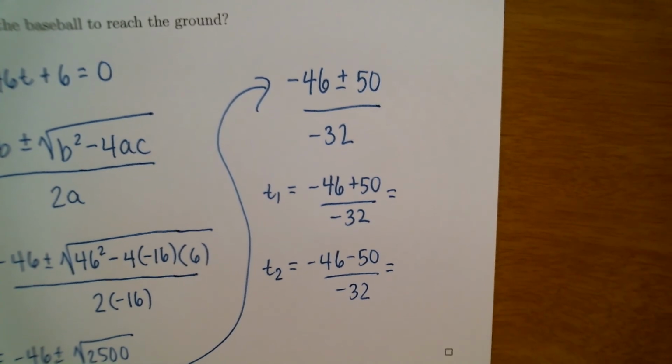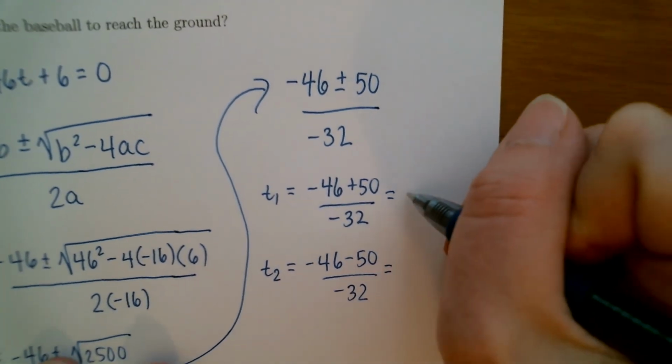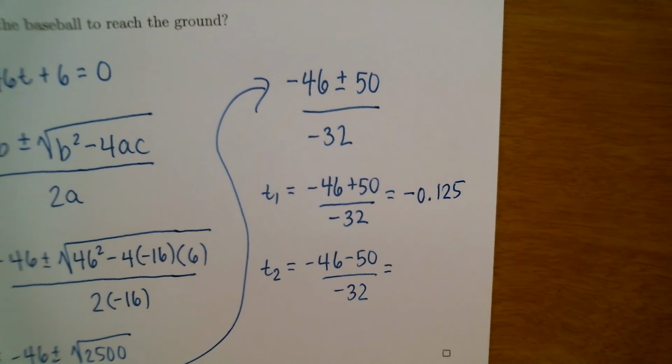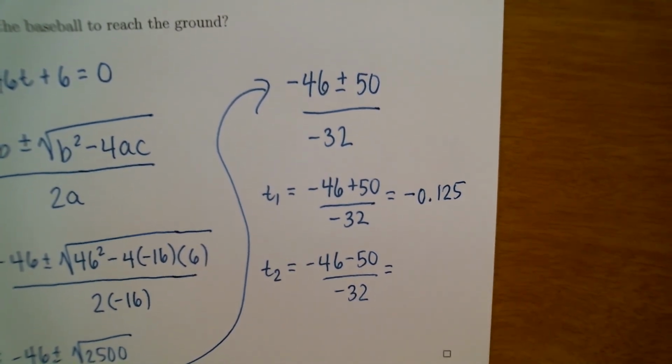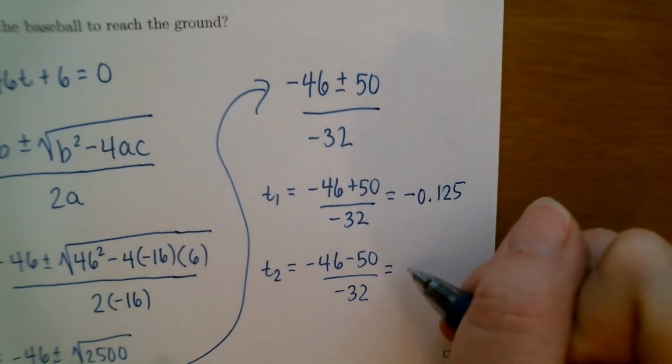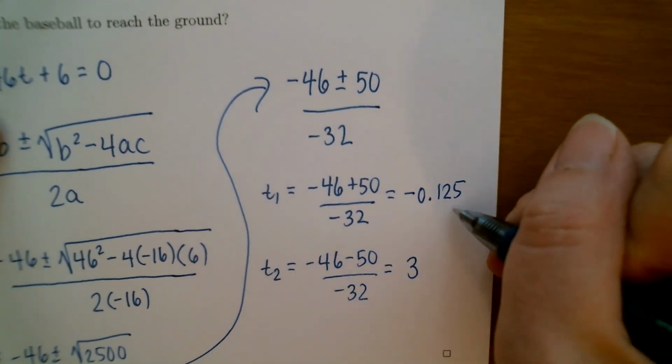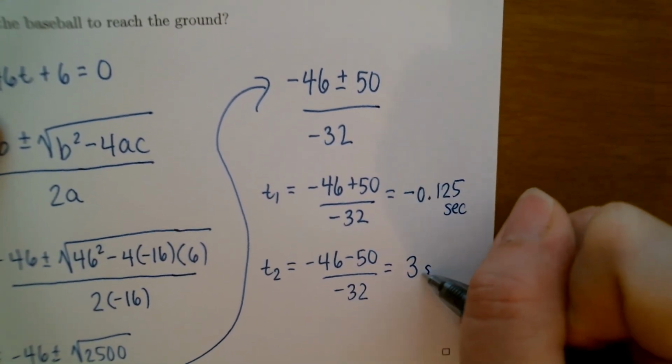The first one, negative 46 plus 50 divided by negative 32, gives us negative 0.125. The second option, negative 46 minus 50 divided by negative 32, gives us positive 3. And remember, these are both time values, so they should be measured in seconds.